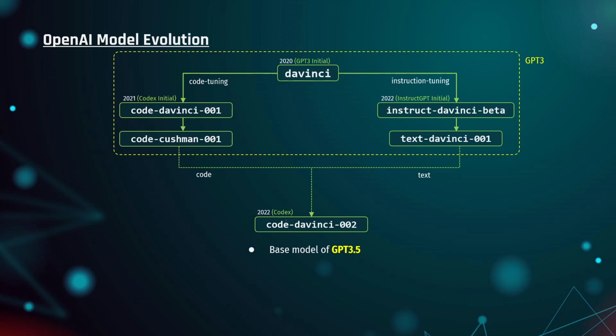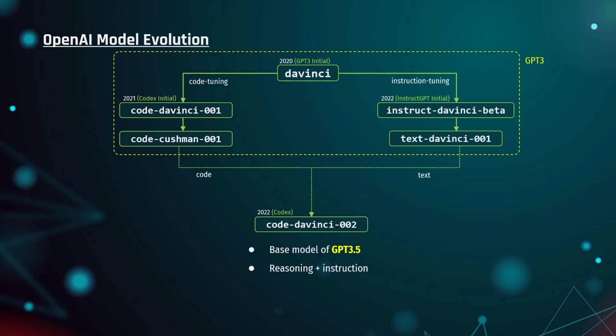And to this date, Code Da Vinci 002 is still one of the best models that is exceptionally good at both reasoning and instruction following tasks.